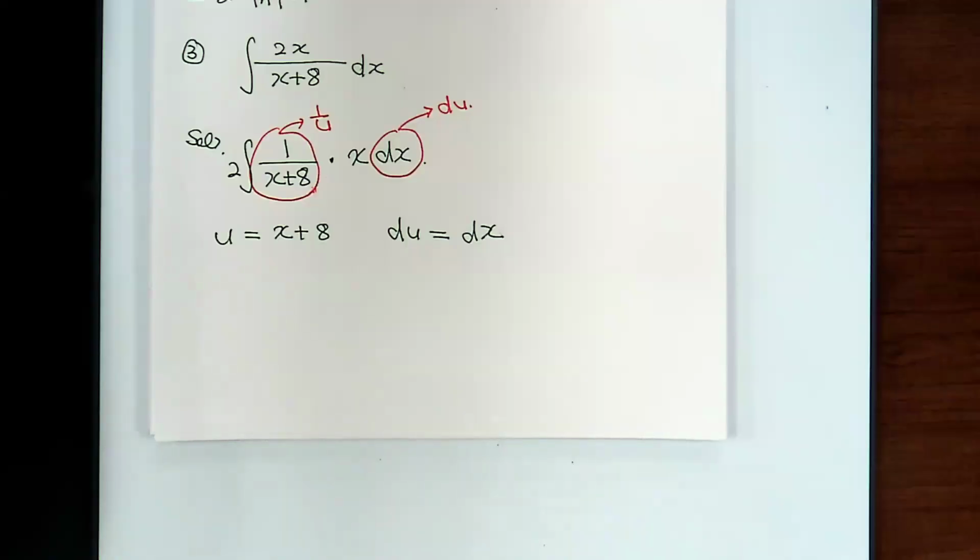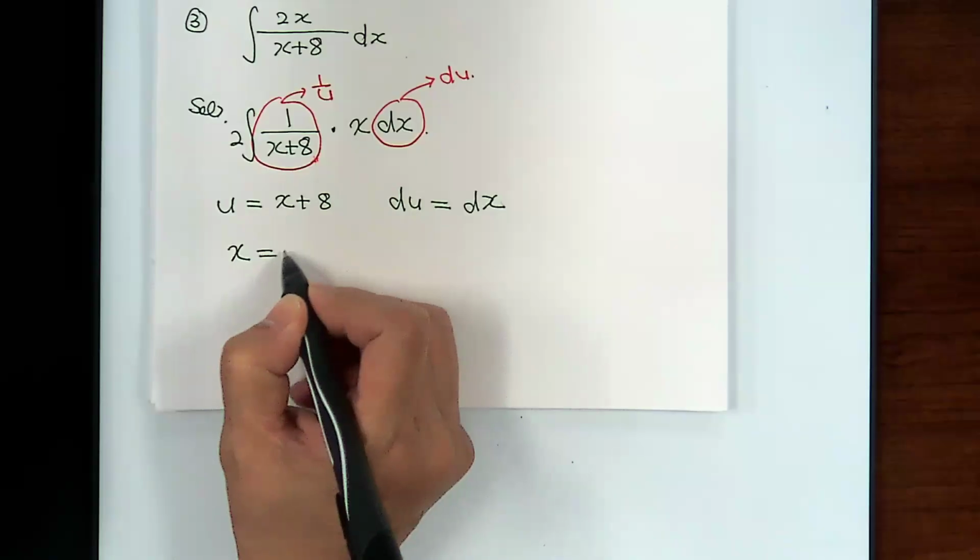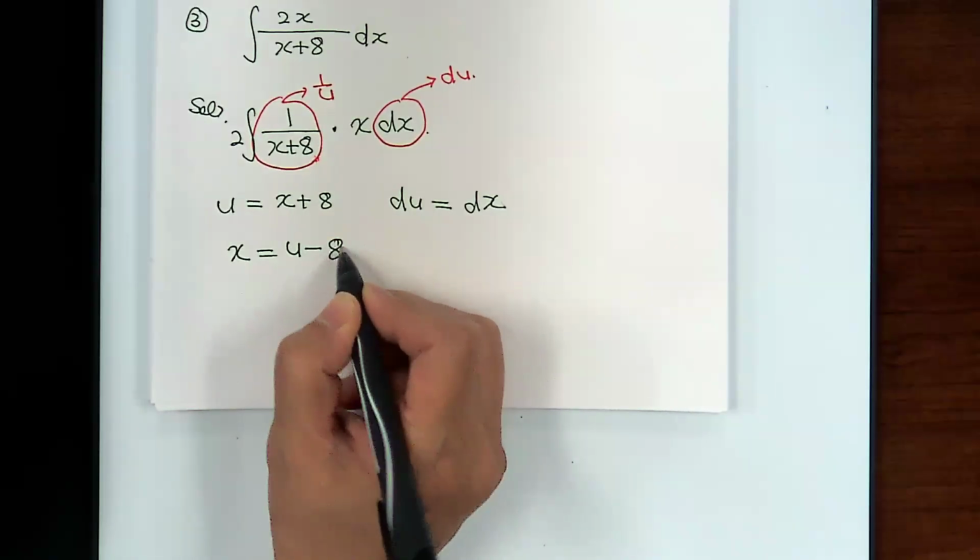And then we are converting the variable to u, so we want to write x in terms of u. So x equals u minus 8.